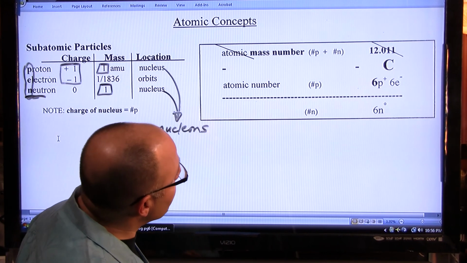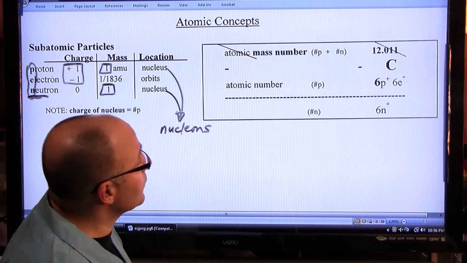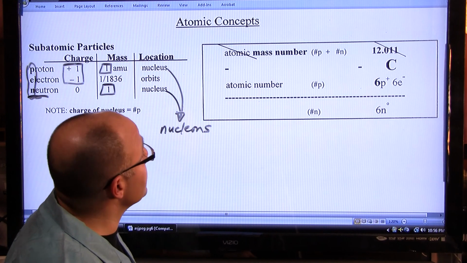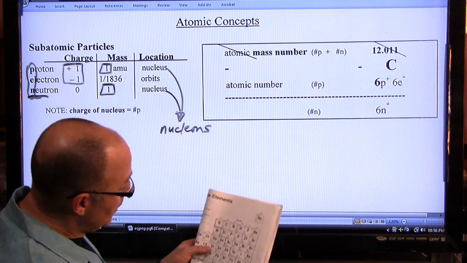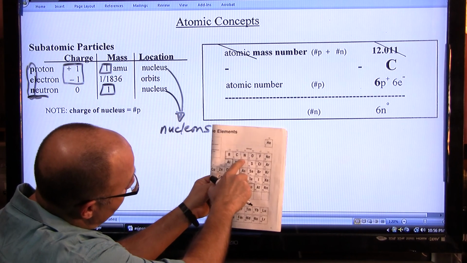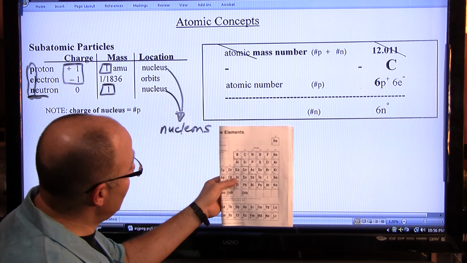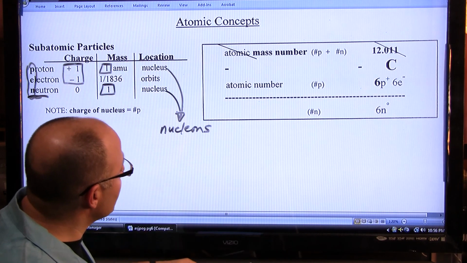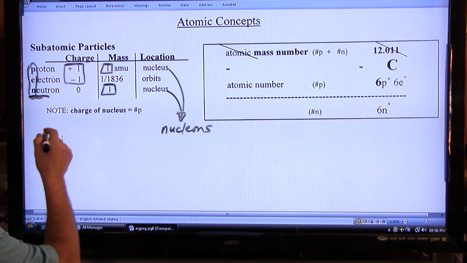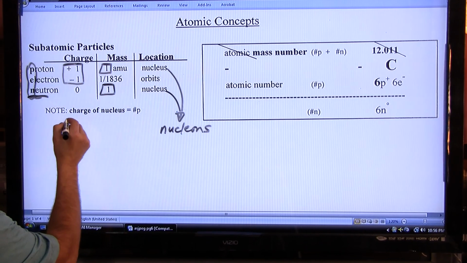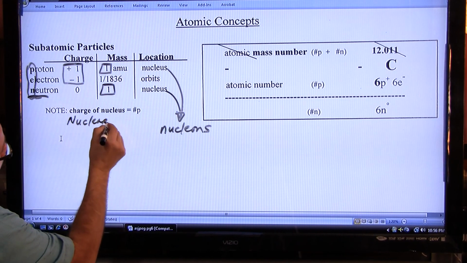The atomic number is the number of protons. An atom that has 6 protons has a nuclear charge of positive 6. An atom with 7 protons, for example, nitrogen to the right of carbon, would have a nuclear charge of positive 7, or 7 positives, and so on. So the nuclear charge is simply the number of protons, or charge of the nucleus. So this is also known as the nuclear charge.